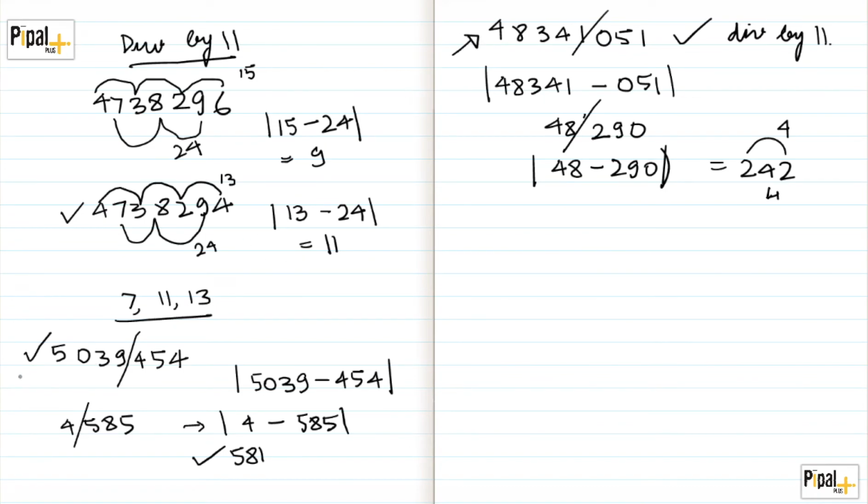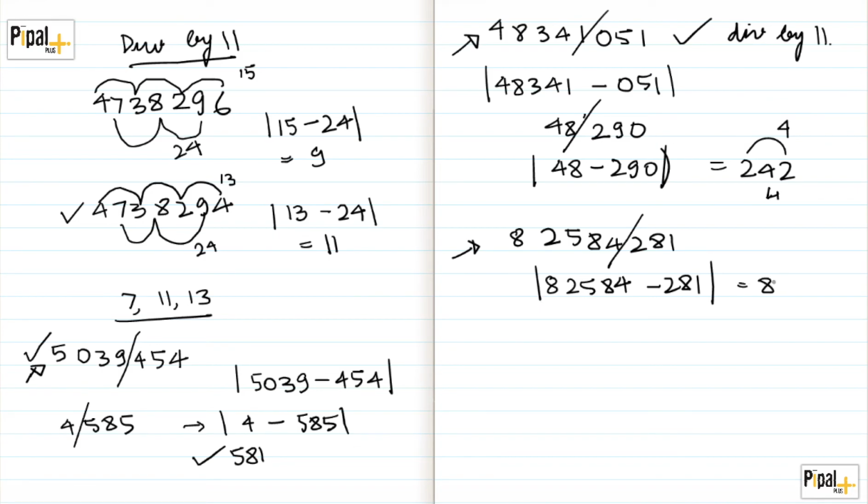Now let me take up another number for checking whether a number is divisible by 13 or not. Let me take this number, 82584281. Again the same thing, I separate out two numbers, 82584 and 281, find their difference, and because the sign is not relevant, I take a mod.